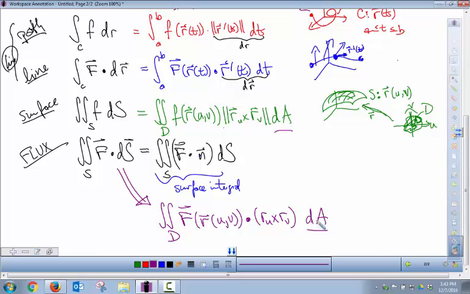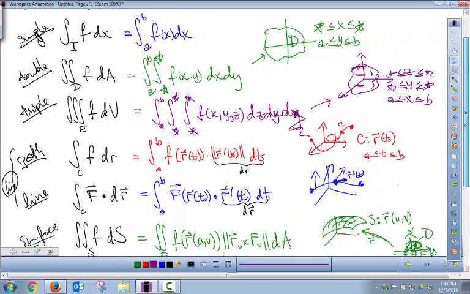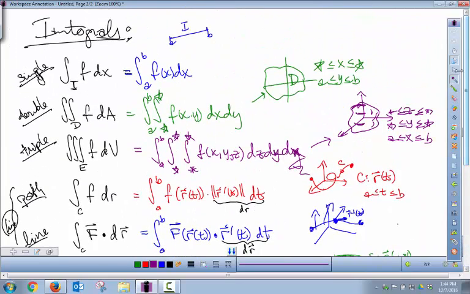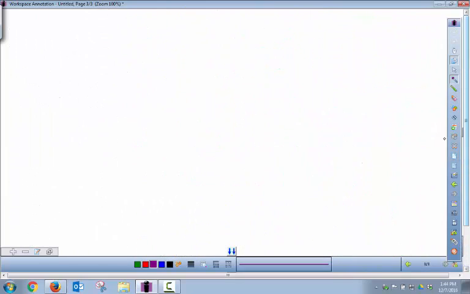I do want to make one more comment about the ds, the ds without the arrow on top. So I'll do that on another page. Let me do this ds. And let's talk about the ds.